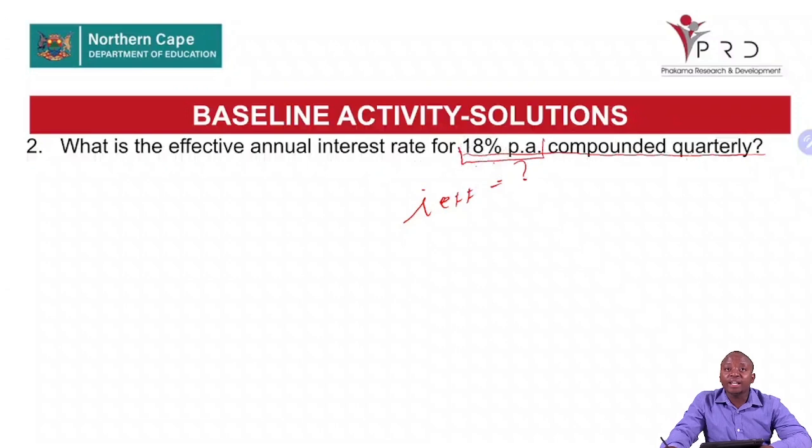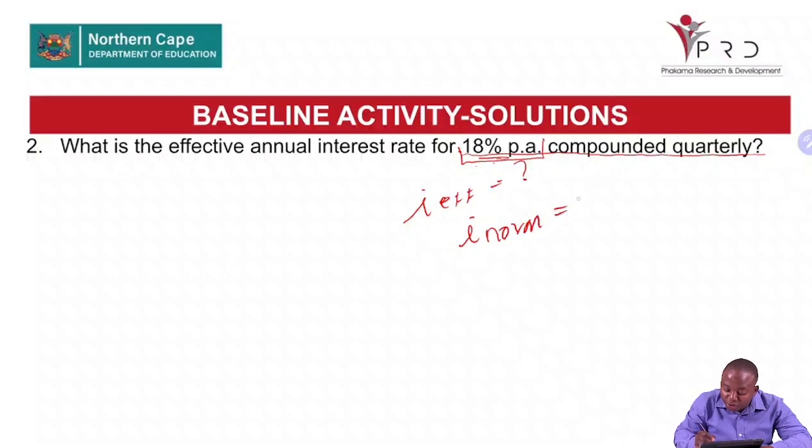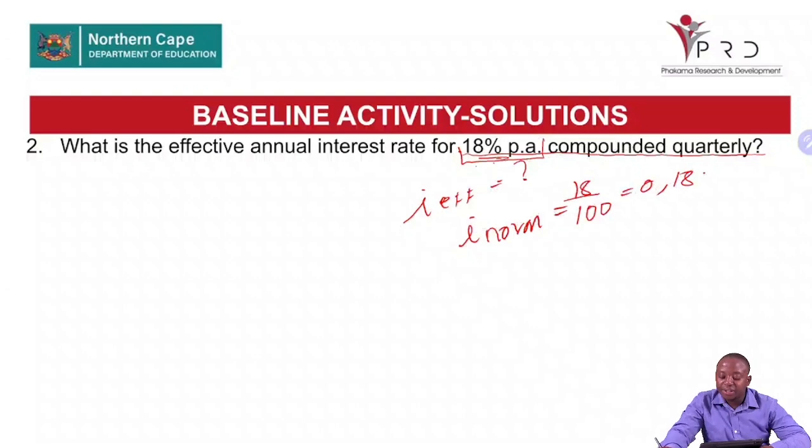So this gives us an idea that the 18% we have there is a nominal interest rate, as our quoted interest of 18% per annum is different from the compounding period of quarterly. So our nominal I is equal to 18 divided by 100, and we get 0,18.